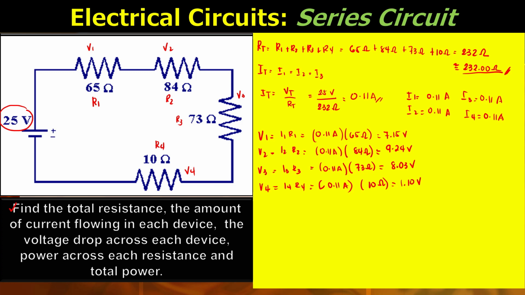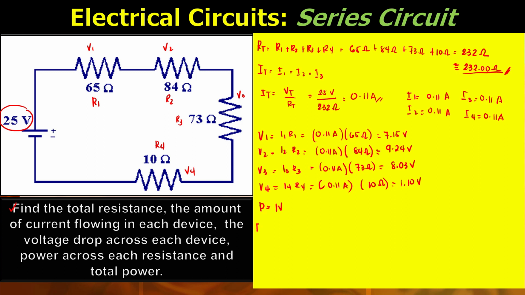Now let's try to solve for P1, P2, P3, and P4. For these, we can use the formula for power, which is P is equal to IV. Since we have voltage and current here, we can use this formula. Although we also have other formulas for power, we can use that for this problem.